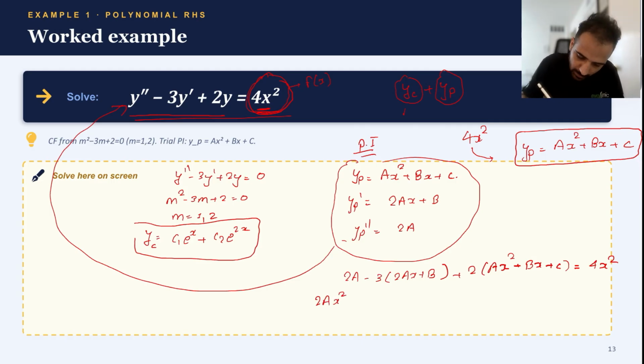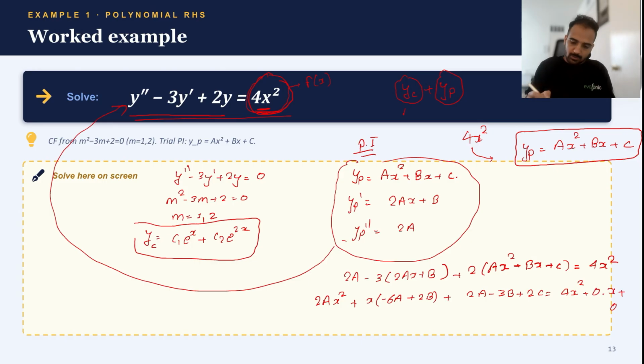For x you have minus 6a plus 2b, and the constant is 2a minus 3b plus 2c, equals 4x square plus 0 times x plus 0, right? So this coefficient 2a should equal 4, equating the coefficients on both sides. This should equal 0, and this should equal 0, right?